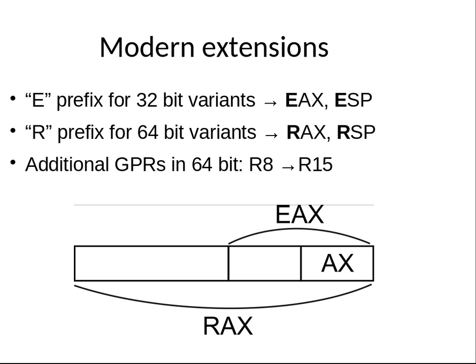Also, in the 64-bit version, they added 8 more registers because, trust me, 8 registers are not enough for high-performance computing. They bumped it up to 16, which I would say is a lot better, but you really want 32 in my opinion, but we're sticking with 16 for now.